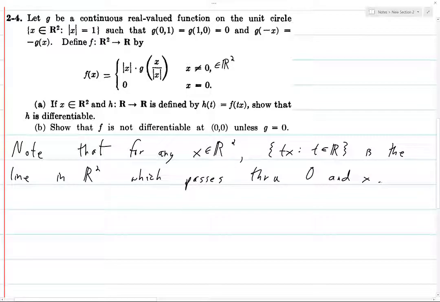So what this means is, what does H look like?